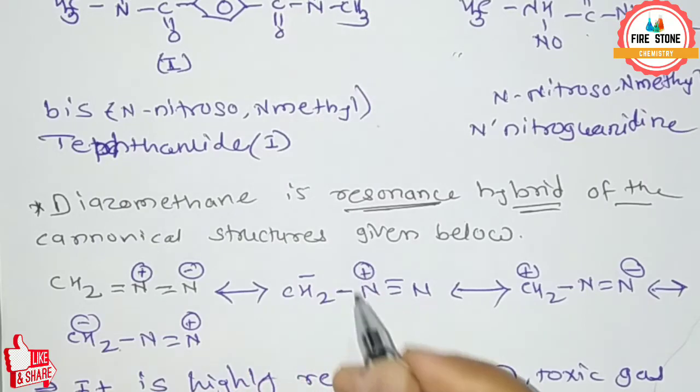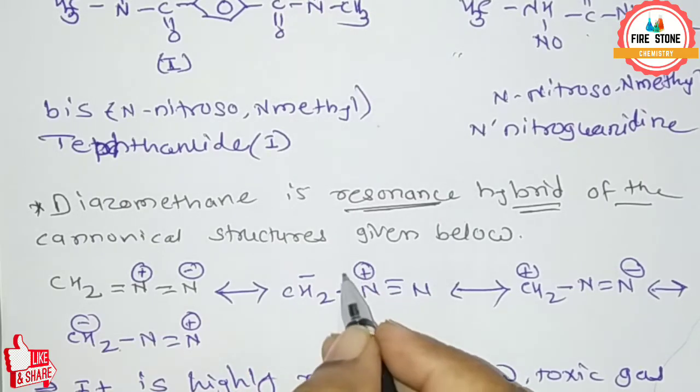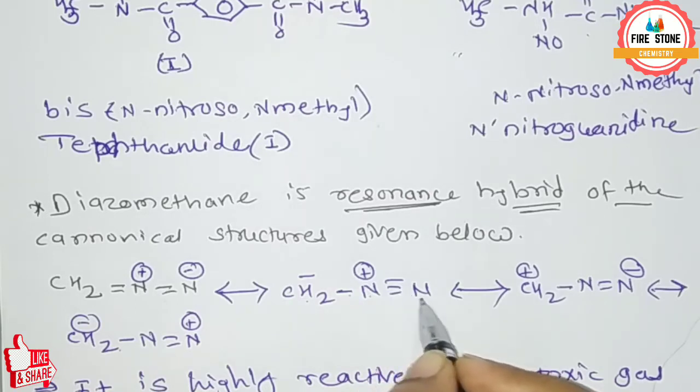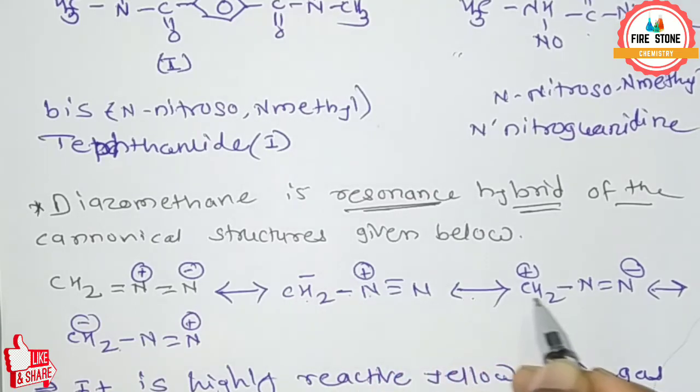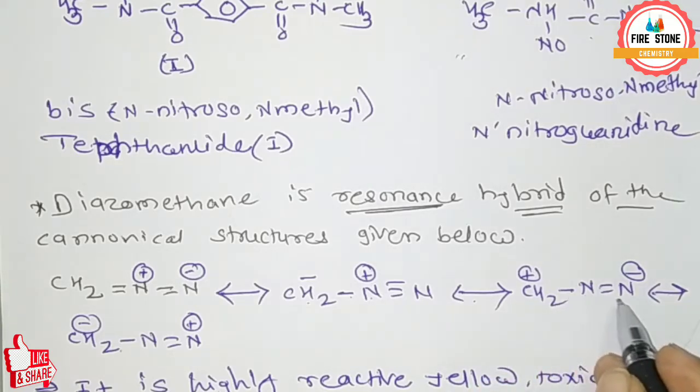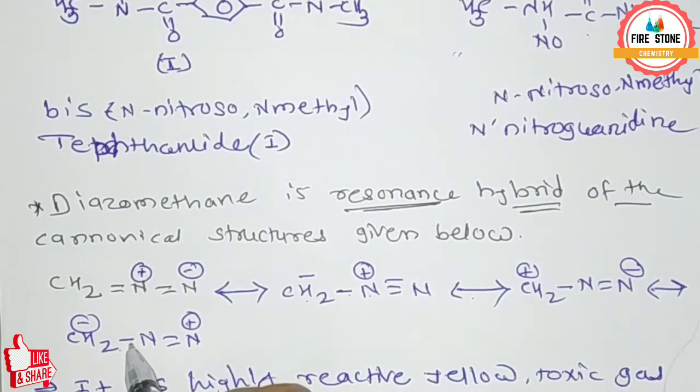Again here we can see CH2 minus, nitrogen plus charge, triple bond N. The double headed arrow is specially for resonance. Here only bonds shift and no atom shifts. CH2 plus, N double bond N minus charge, again CH2 minus, N double bond N plus.